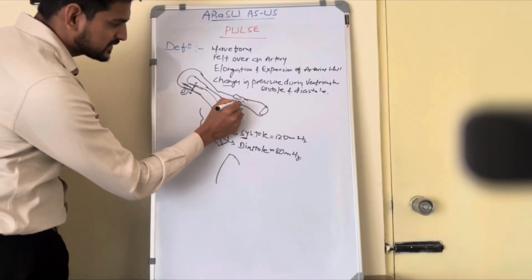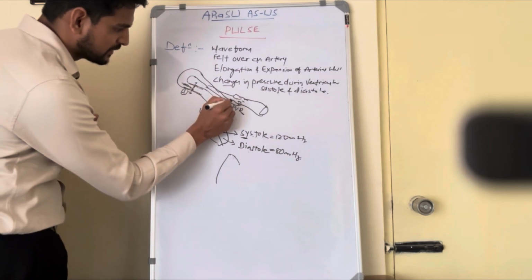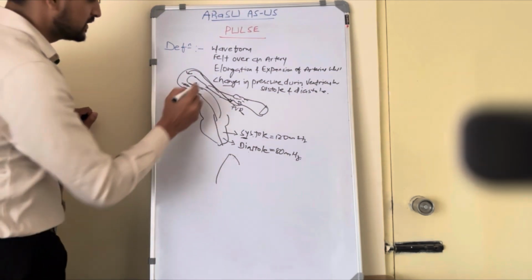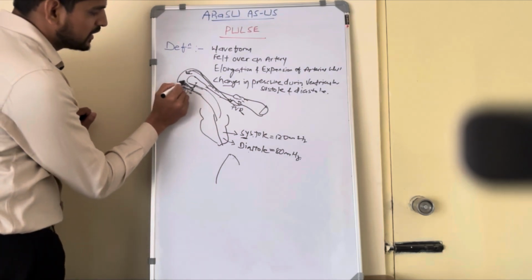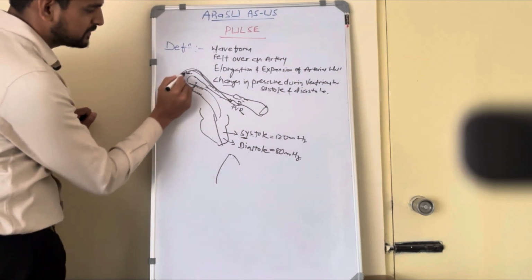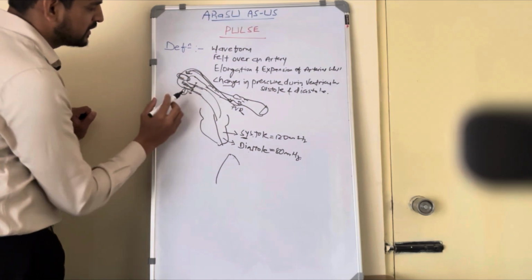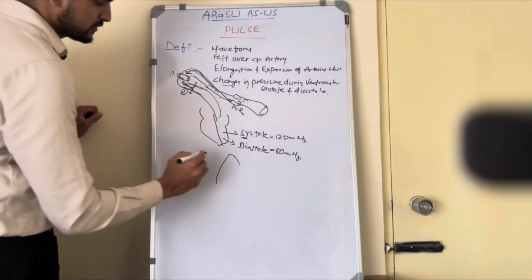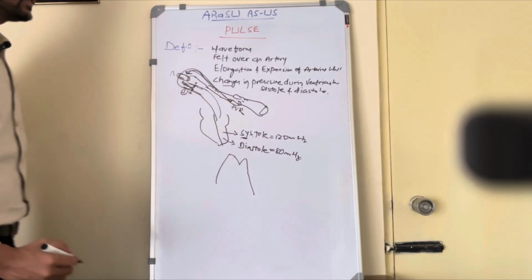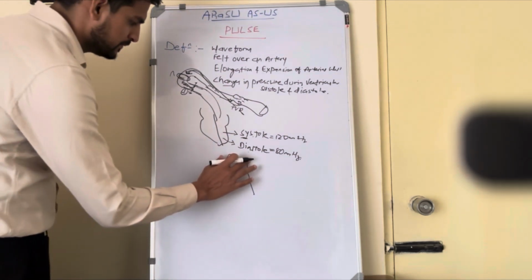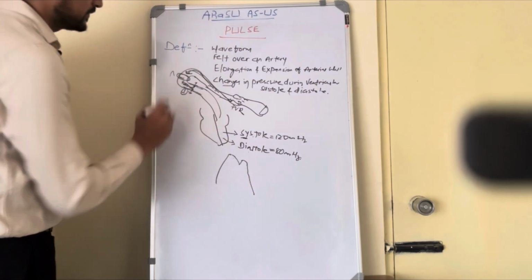Because of this resistance, whatever blood is reaching will get reflected back to some extent. This reflected wave and the wave generated because of the closure of the semilunar valves will interact, and there will again be a positive pressure. That will be reflected as a small second wave. So this is the normal pulse waveform, and the second wave will be very small.